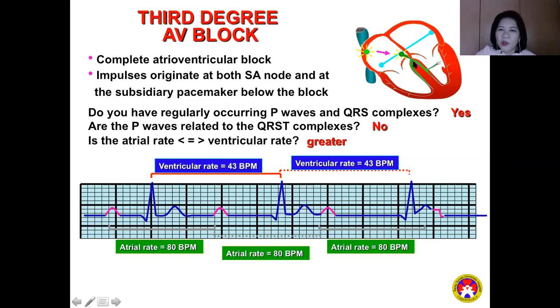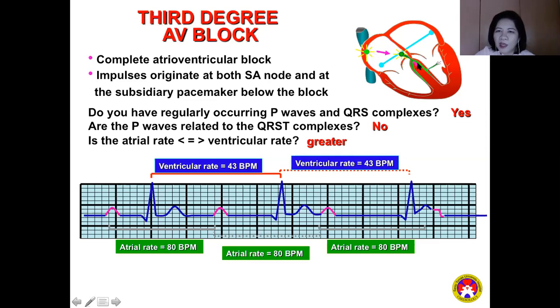So if the pacemaker comes from above, here, the common bundle, then you can still see a narrow QRS complex at a slower rate compared to the firing of your SA node.